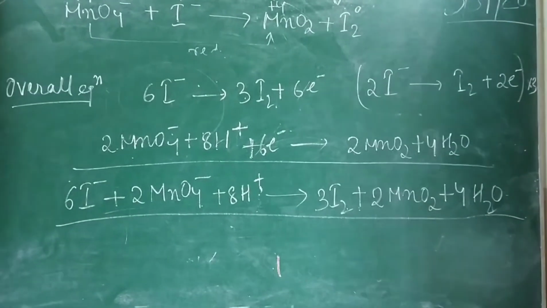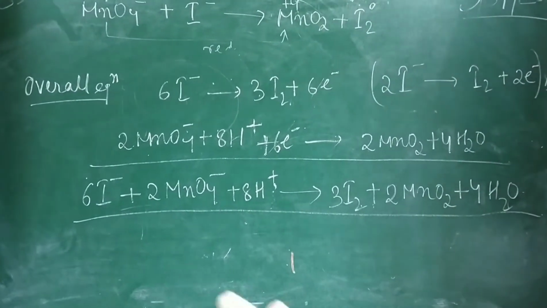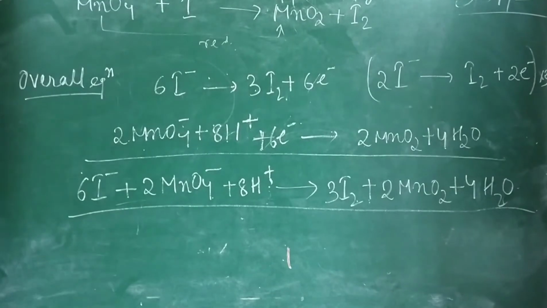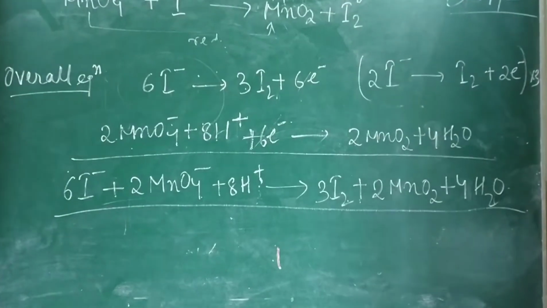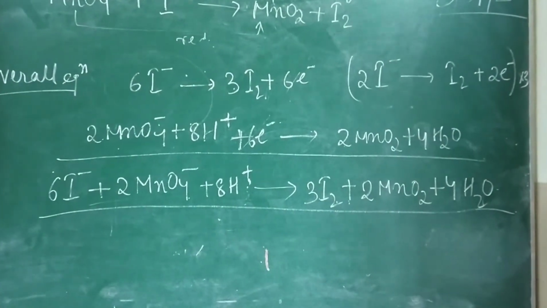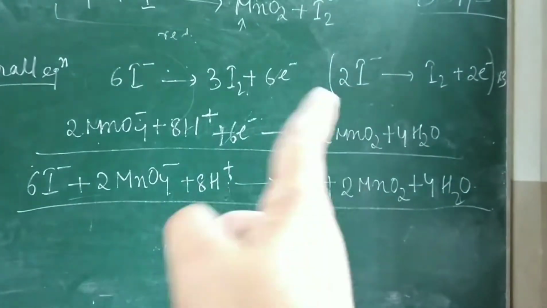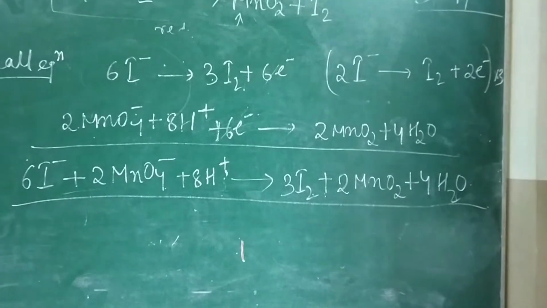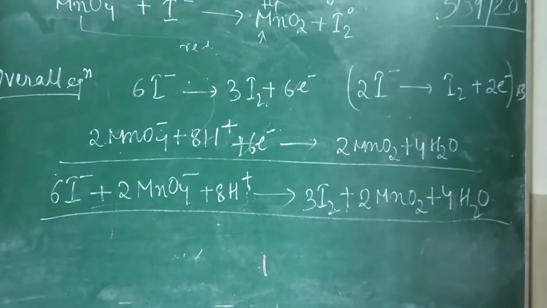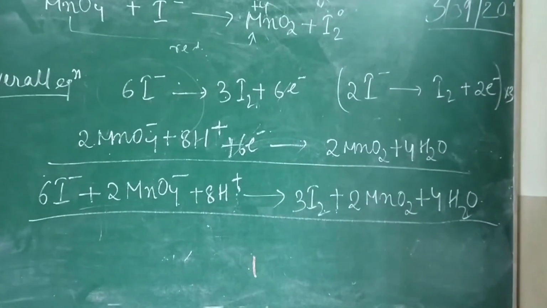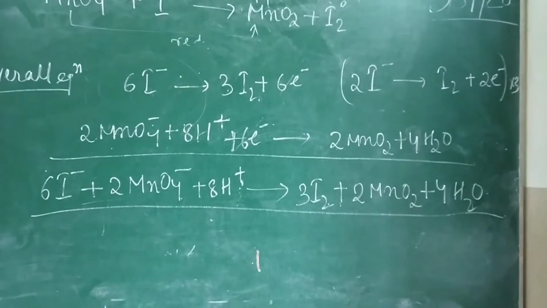Okay, now if in your question it was mentioned that this reaction is taking place in basic medium, then you will do up to this part, as we have done. But the thing is that in the basic medium H plus ions are not there, so we have to remove the H plus ions. So if the reaction is taking place in the basic medium, then we have to do 2 more steps.